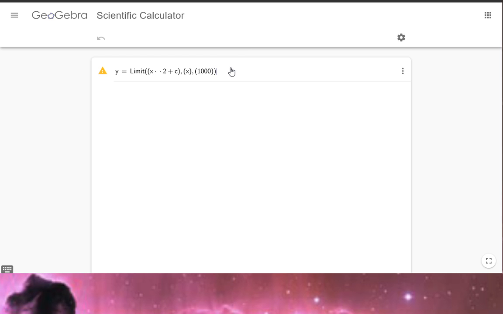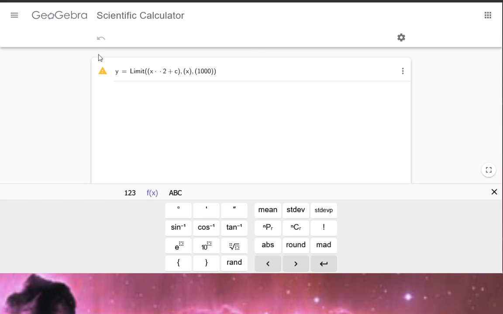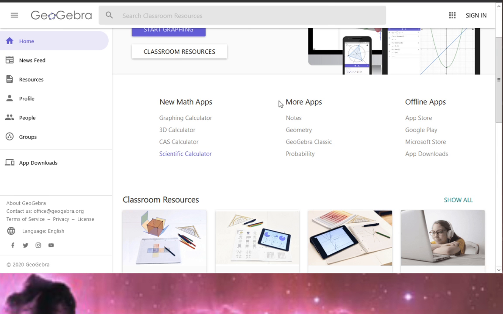Okay. Y equals x. Oops. I don't know. Function of x. It's cute. Oh, that didn't help out very much.